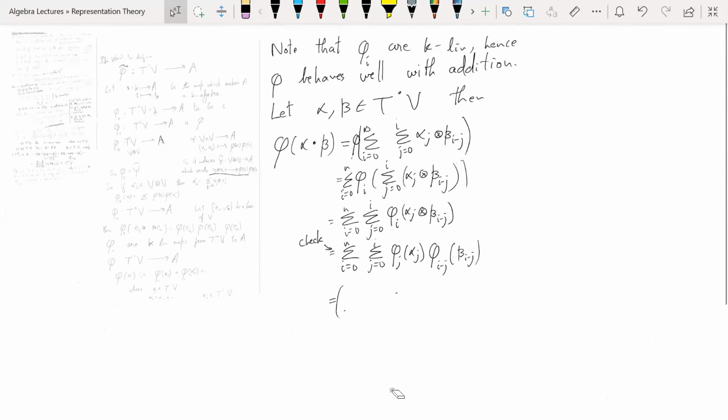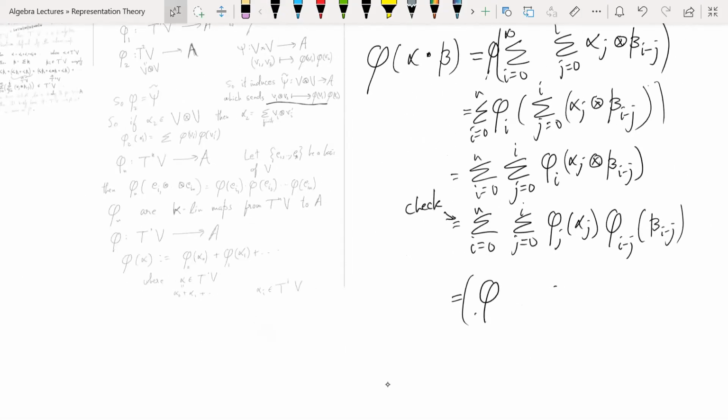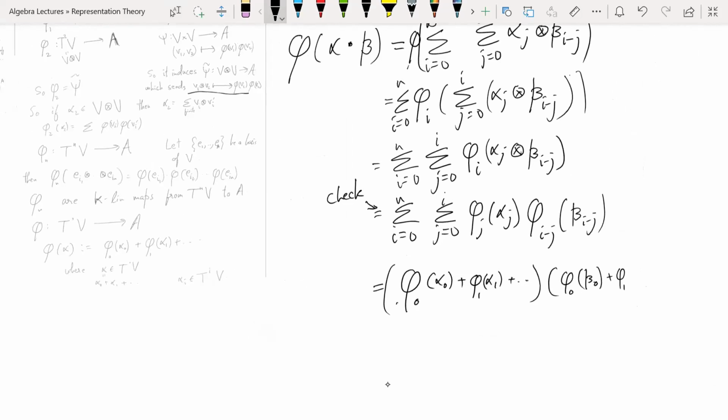Similarly, you can write it as phi 0 alpha 0 plus phi 1 alpha 1 and so on, times phi 0 beta 0 plus phi 1 beta 1 plus and so on, because this is happening in the ring A. So all the distributive properties work.